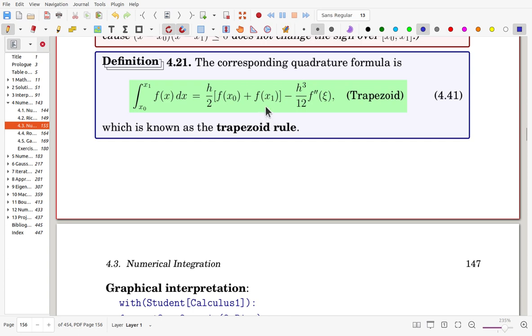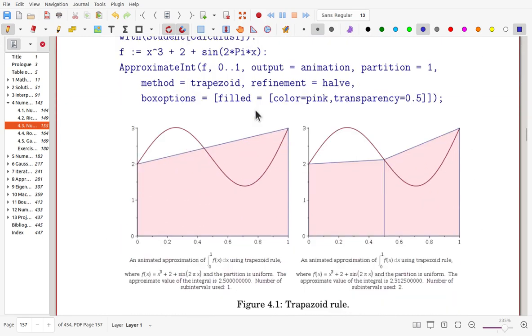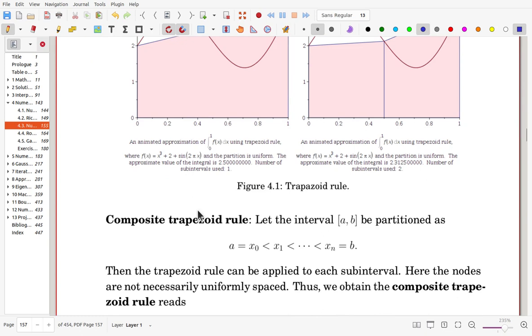Then for each subinterval, we have this amount of error, and the total error can be the addition of that. However, if you are choosing more points, then the approximation will be better. That is the idea of the composite trapezoid rule.